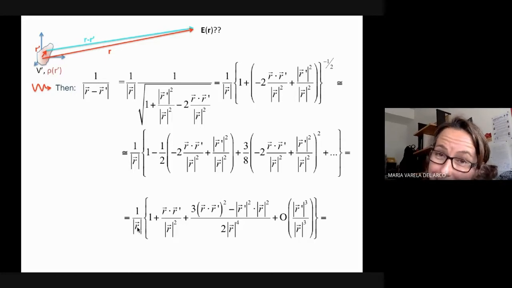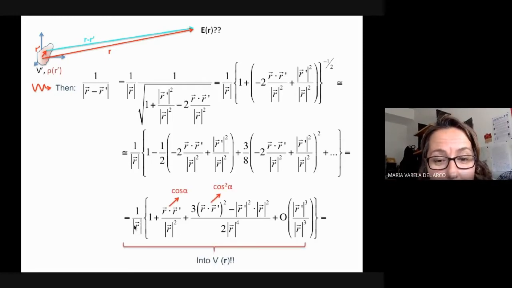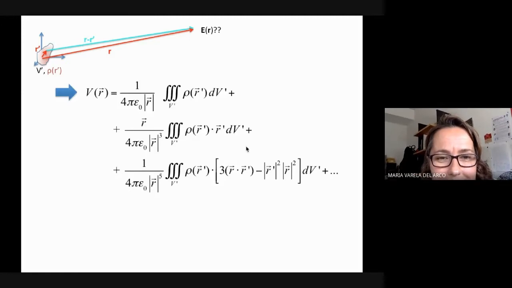But remember, I have this factor in front of it, 1 over r, so this is going to go in. And then I'm going to have a third term that is going to be all of these products over 2 times r to the 5th power, because I have a 1 over r in front of it, don't forget about it. And then I will rewrite my potential as a sum of terms that look like this.